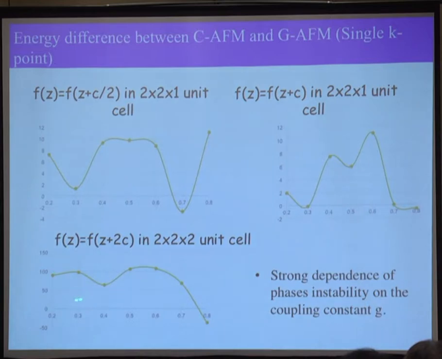Essentially, you can think that this G type of FM is stable, so that gives you 3D features.